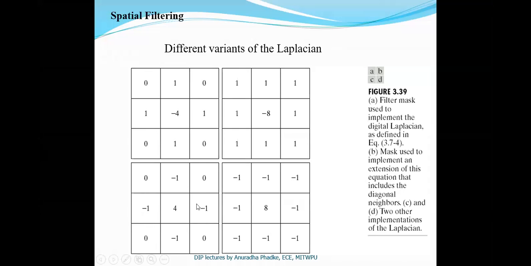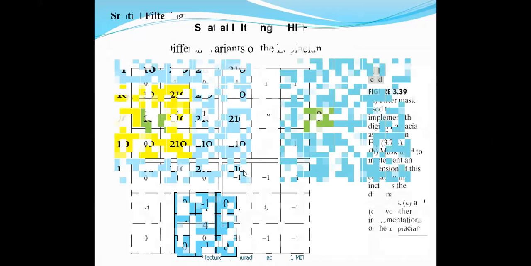This is also a Laplacian mask used for edge detection. Similarly, we can have one more variation of the mask with central coefficient -8: we can make it positive, that is 8, surrounded by -1. These are variants of the Laplacian mask.